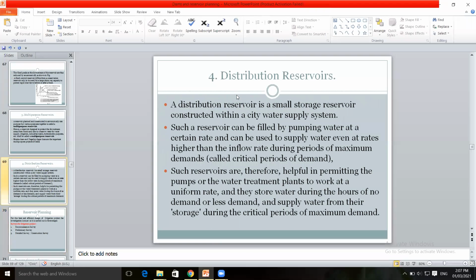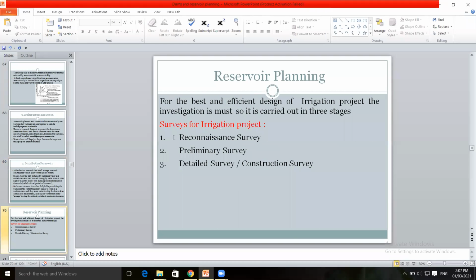So after deciding the type of reservoir, before selection of dam site or finalizing the dam site, we have to do the reservoir planning. For the best and efficient design of the irrigation project, the investigation is a must. Investigation is to be carried out in various stages to design a particular reservoir. और त्यासाठी आपल्याला काय करावं लागेल?